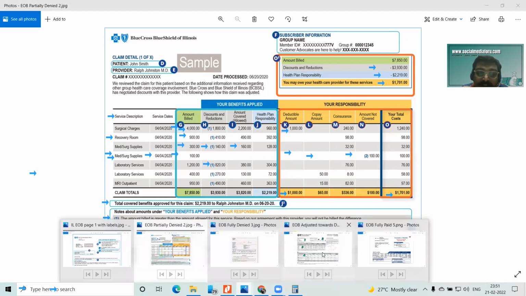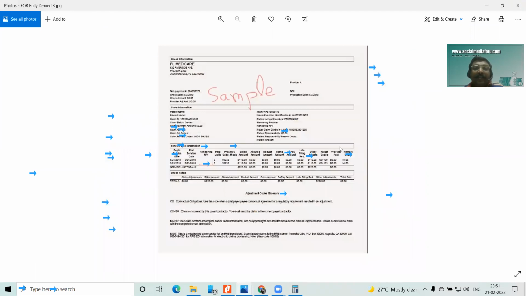Okay, and another one is a fully denied case. So we have got these things to be erased. Okay, let's adjust and see.